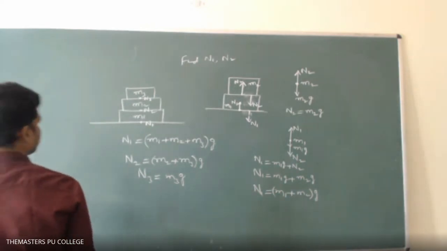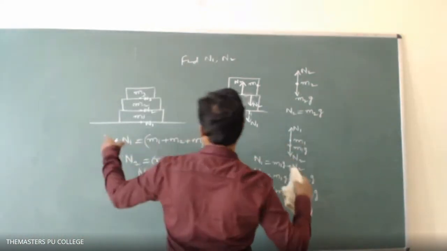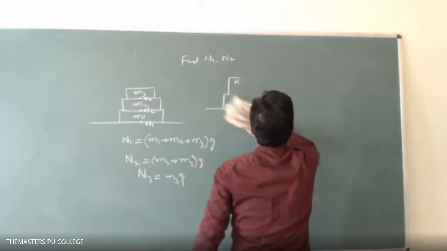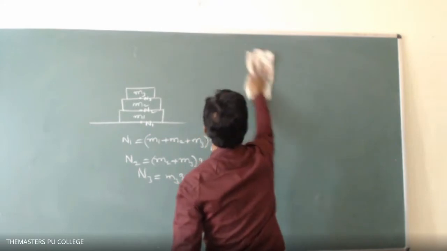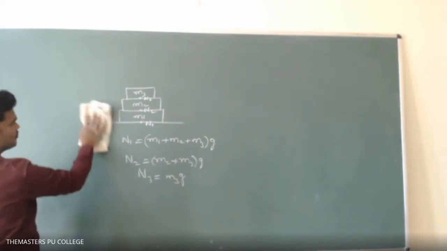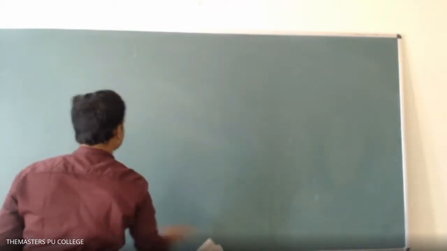Angle of friction. Okay, this is your free body diagram, and anyhow the way I showed here. Write down the heading: angle of friction. Sir, can you repeat what we should write? I'm writing on the board.